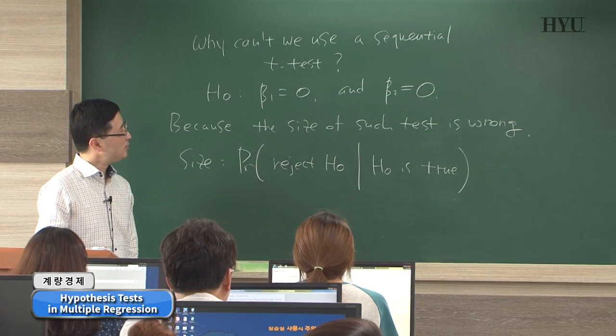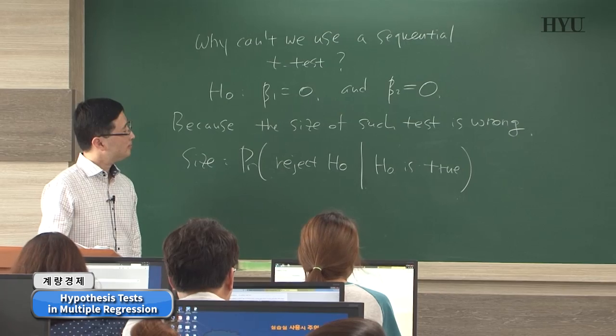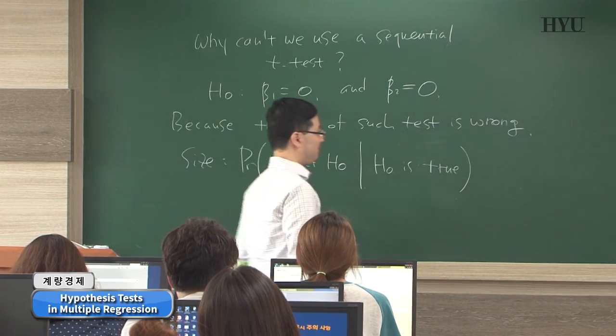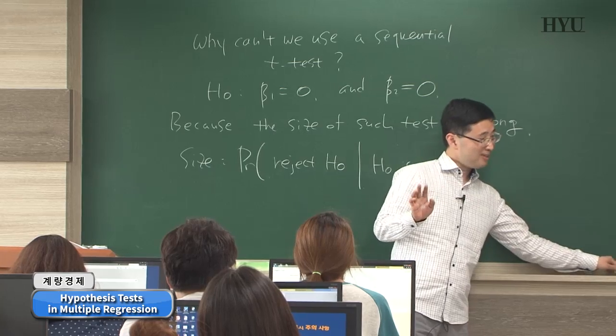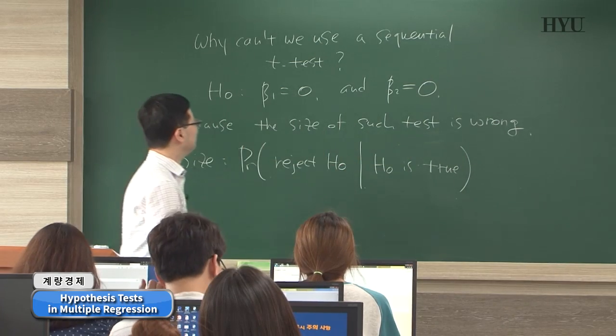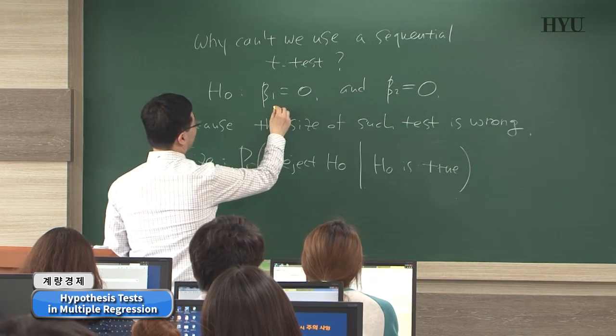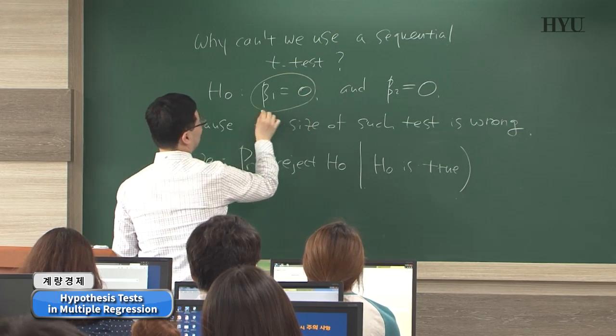So let's try to understand why. So listen carefully. I may get confused again, but correct me, okay? Now what do I mean by applying a t-test for this hypothesis?